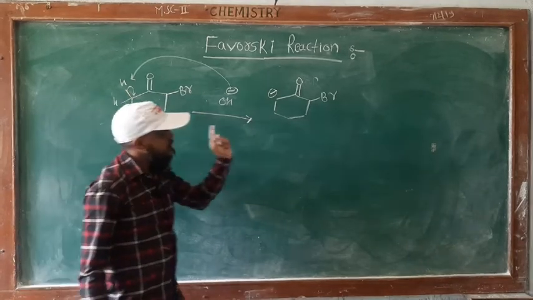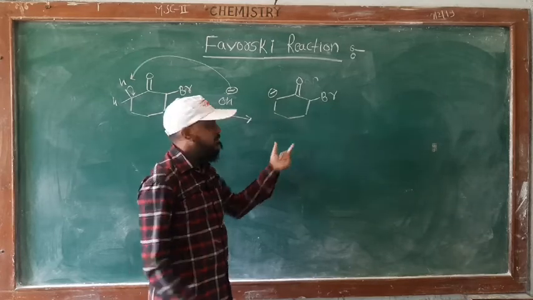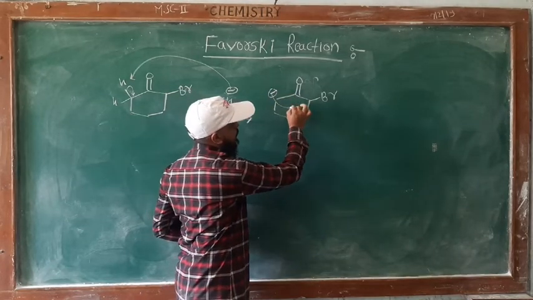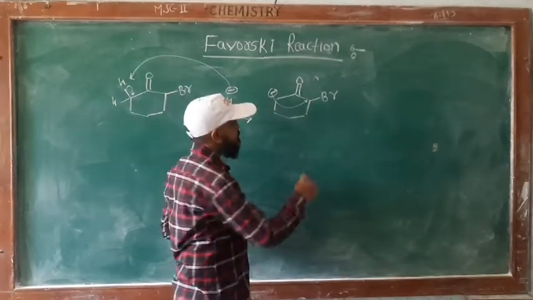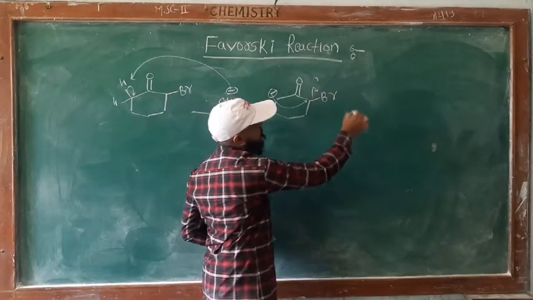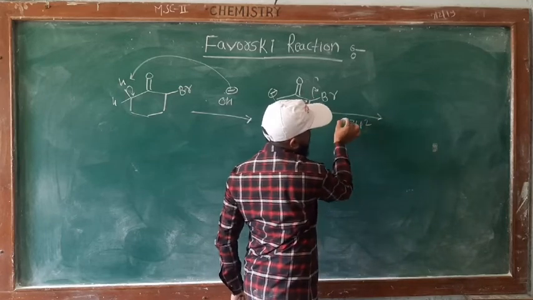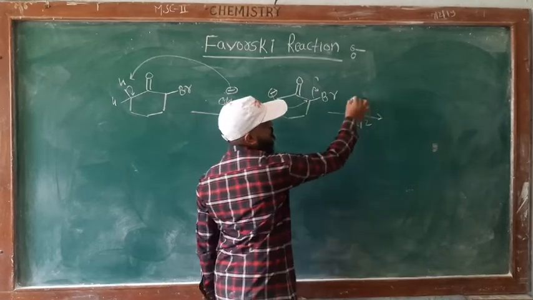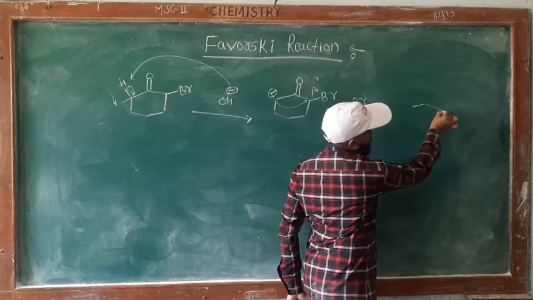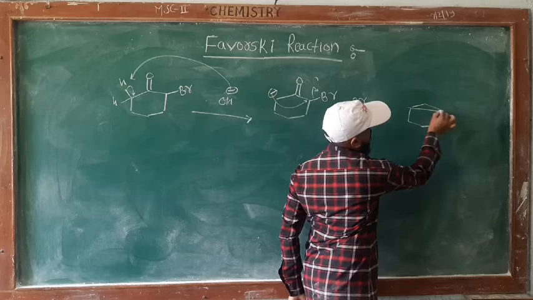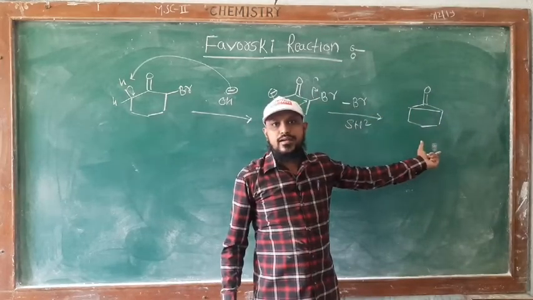Then this negative charge attacks this carbon atom in an SN2 type manner, and simultaneously bromine is removed, and we get this cyclic intermediate product, called the cyclopropanone intermediate.